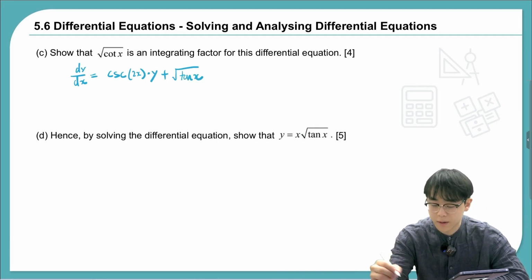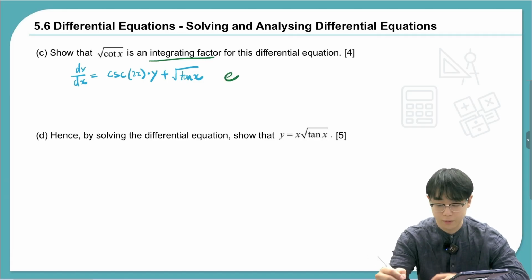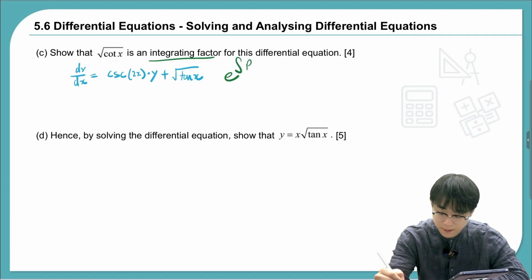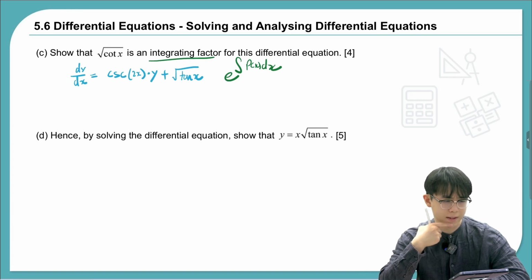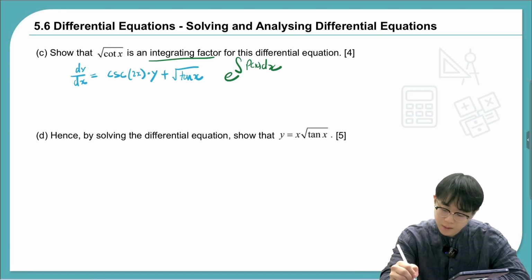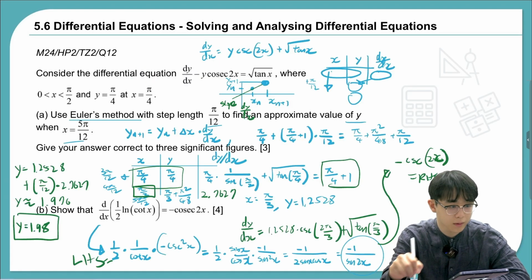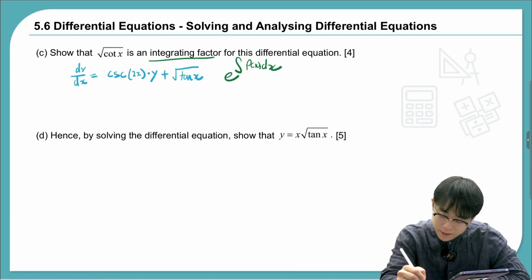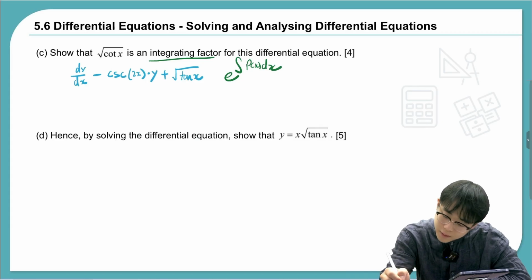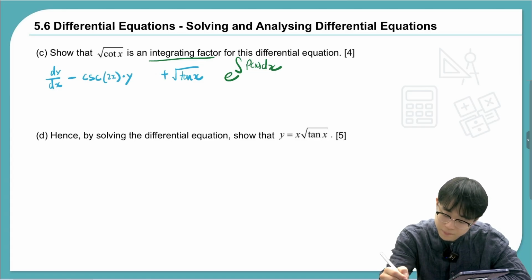So recall that in order to find the integrating factor, we do e to the power of integral P(x) dx. So in our case, P(x) is going to be cosecant 2x, or actually, we could just write this on the same side: dy over dx minus cosecant 2x times y equals square root of tangent x.